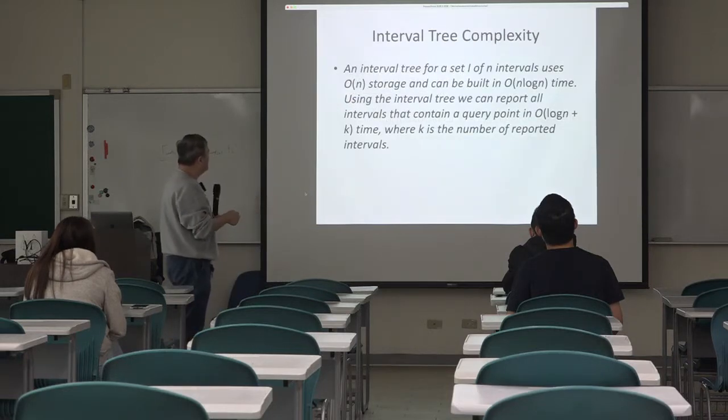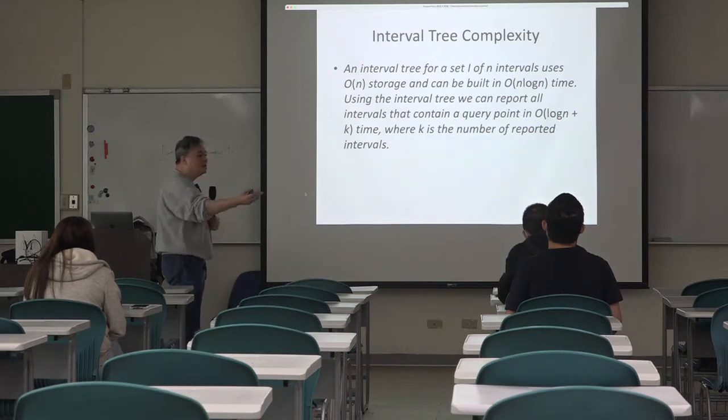This complexity: the interval tree for a set I of n intervals uses linear storage and can be built in big O n log n time. Using the interval tree, we can report intervals that contain a query point in big O log n plus k time.